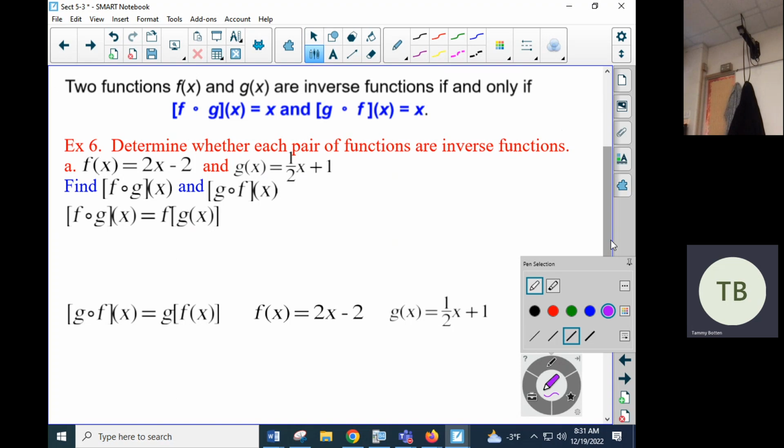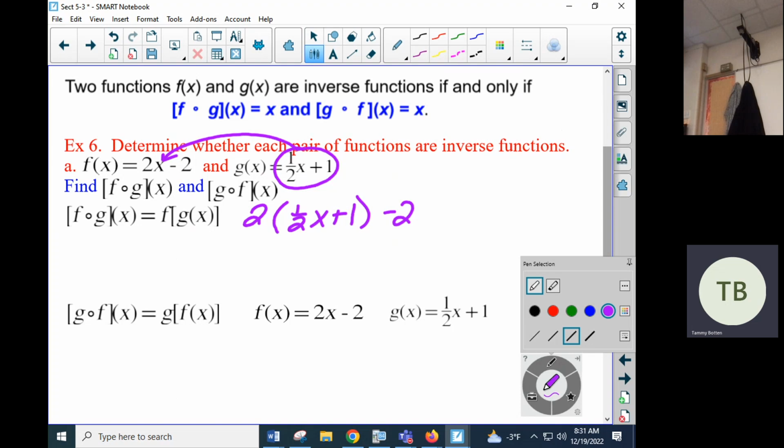Okay, so when you do the composition of f of g of x, what happens is, we talked about this last week, you put your g into your f. Okay. So in for x in the f, I'm going to put 1/2 x plus 1. So I get 2 times, and in there, I put the g of x, 1/2 x plus 1. And then I have -2.